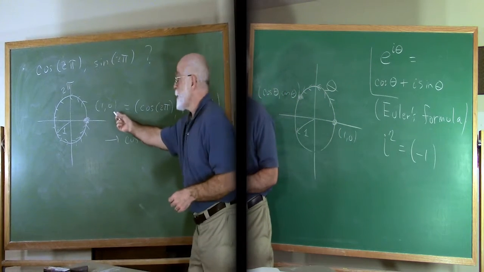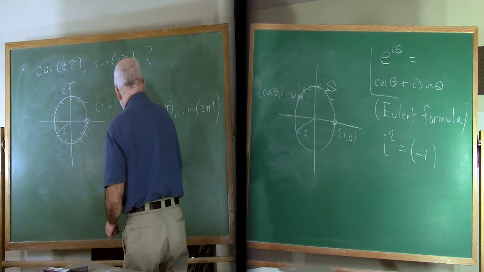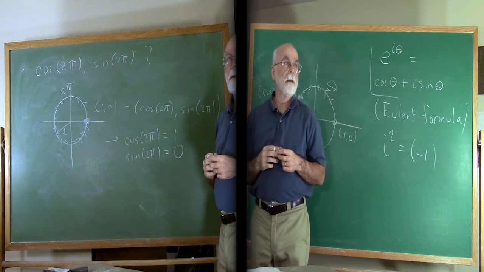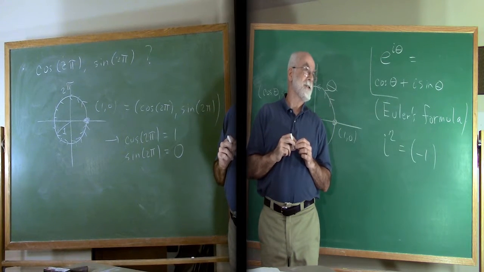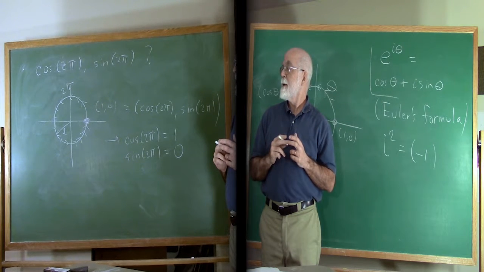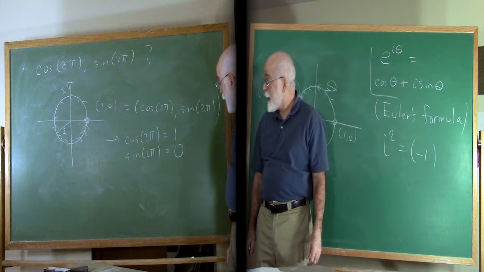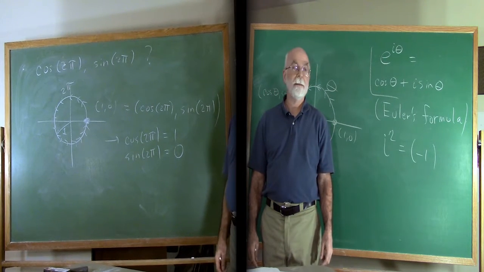And the second coordinate, sine of 2 pi, has to be 0. Definitely some economy here. 2 things at once. Even if you only cared about the cosine, you would unavoidably get the sine at the same time.